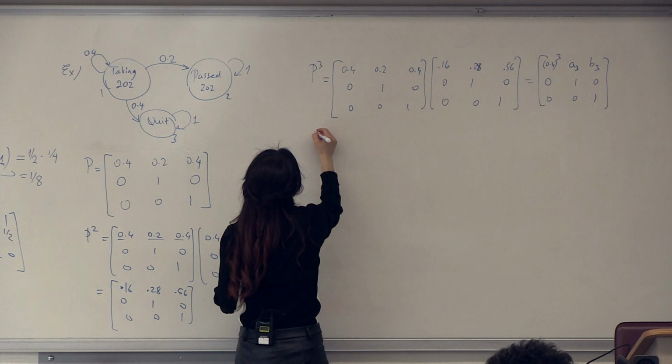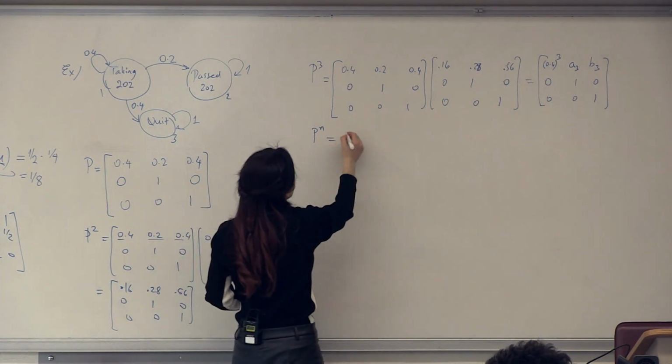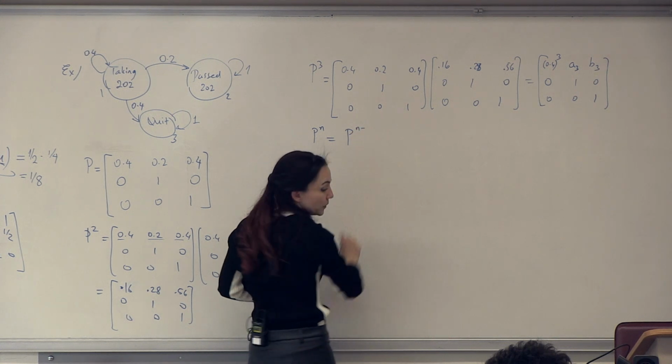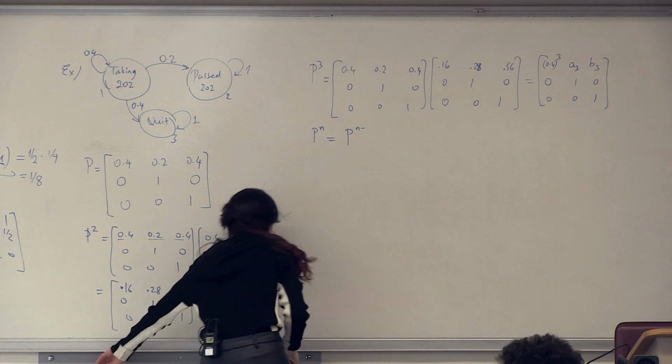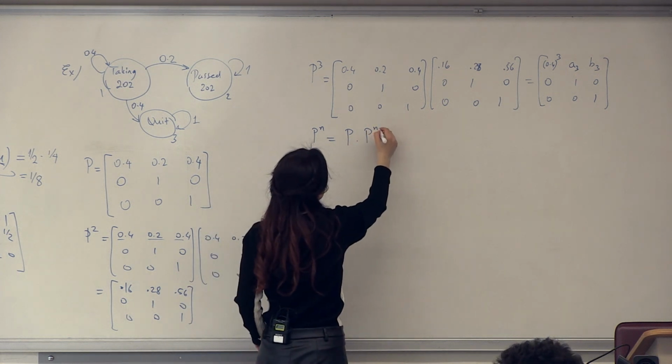Pn in general is P times Pn minus 1, right?